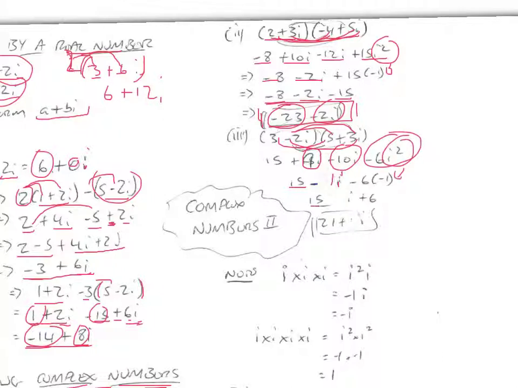That's 15 minus i plus 6. That's equal to 15 and 6 is 21 minus i.